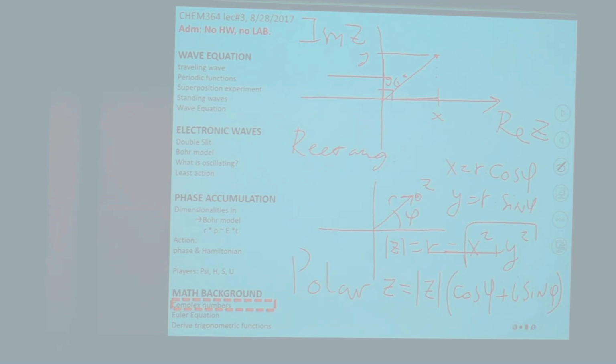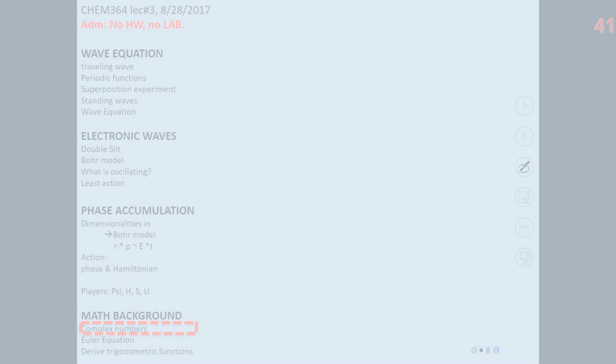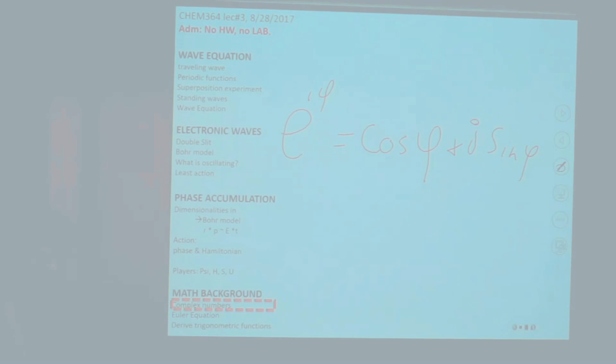We almost have it in this line, but the Euler formula tells that if you have cosine of phi plus i sine phi, then it will be e to the i phi. So it is an exponential with an imaginary argument. So the argument of the exponential is a complex number.